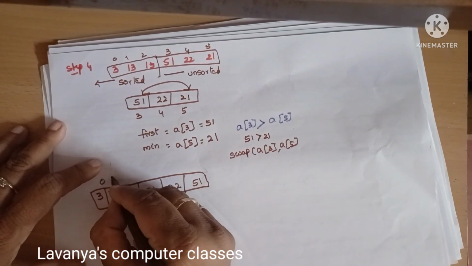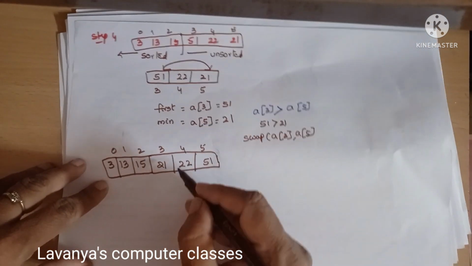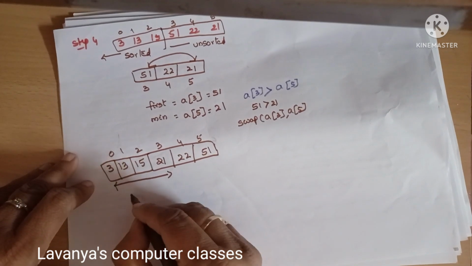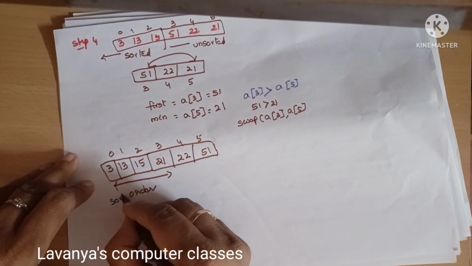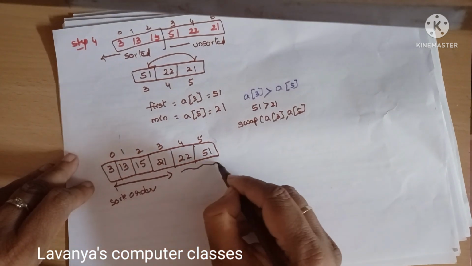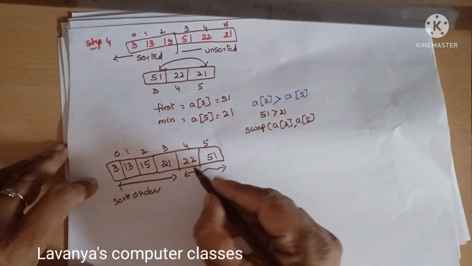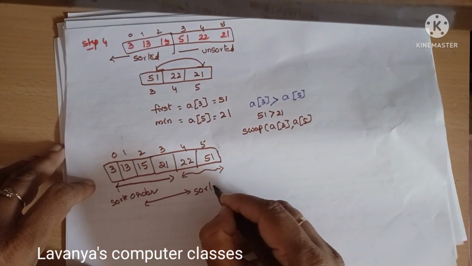This is 0th position, 1st position, 2nd, 3rd, 4th, 5th. After step 4 is finished, all 4 steps are in sorted order. Automatically these two elements are also in sorted manner without doing anything. So everything is in sorted manner.